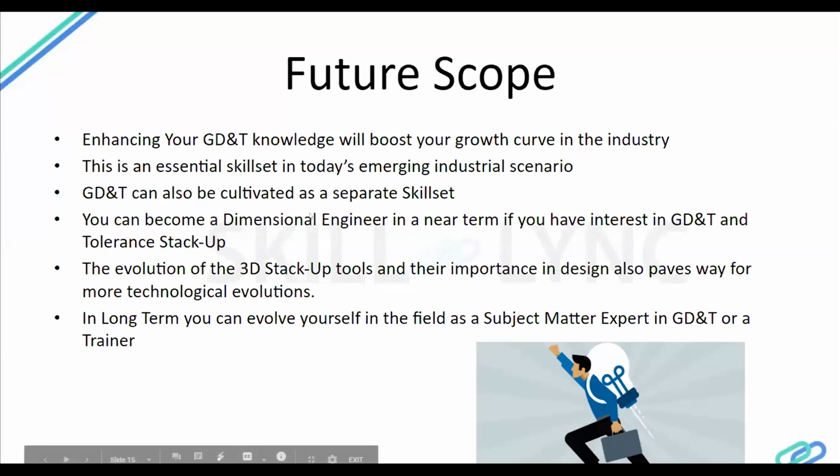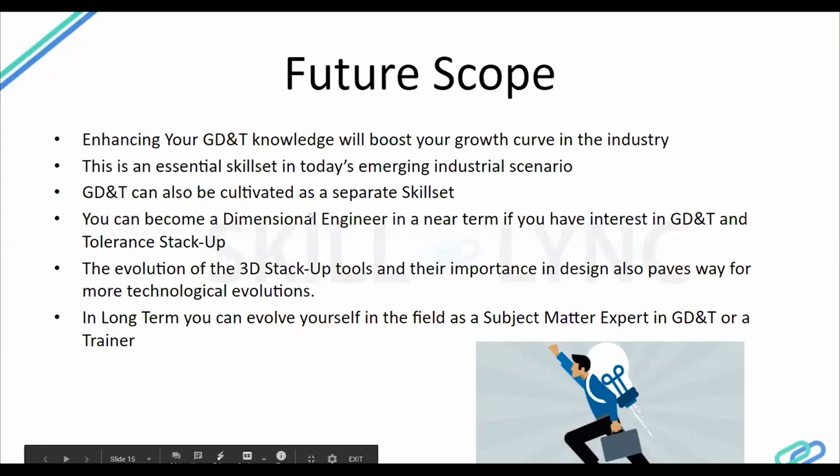And also you have these 3D stackup tools, a lot of which are evolving, like VSA and 3DCS, and there are a lot of tools like CATIA and ProE which are coming up. So there's a significance to them also. There are terms like Six Sigma, root sum square and the Monte Carlo method revolving around these 3D stack up tools also.